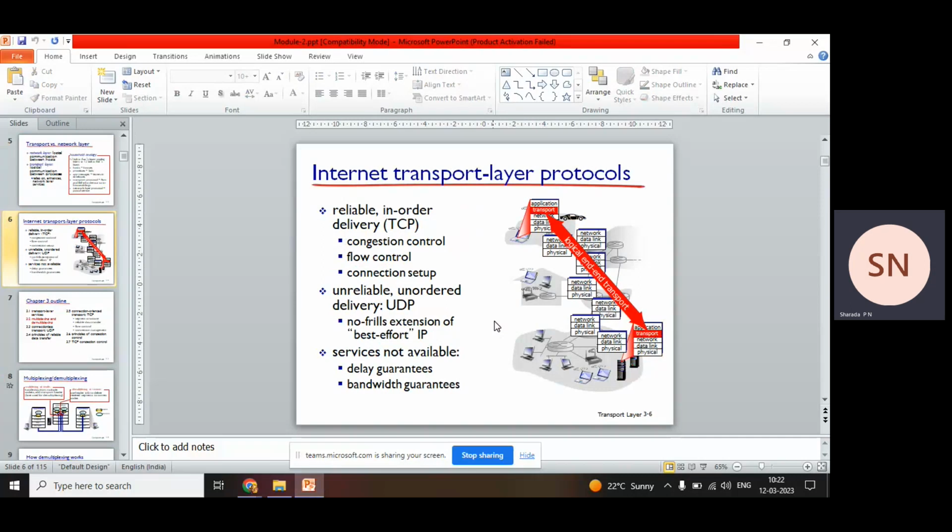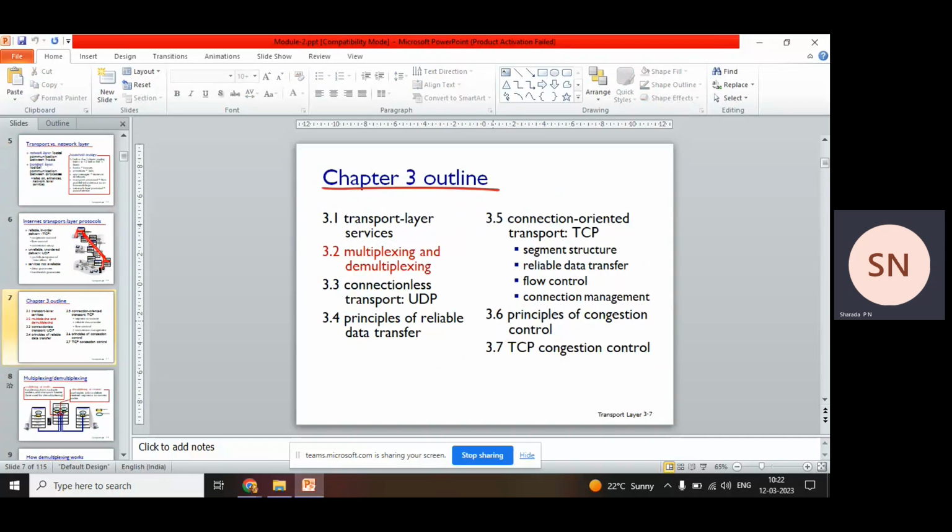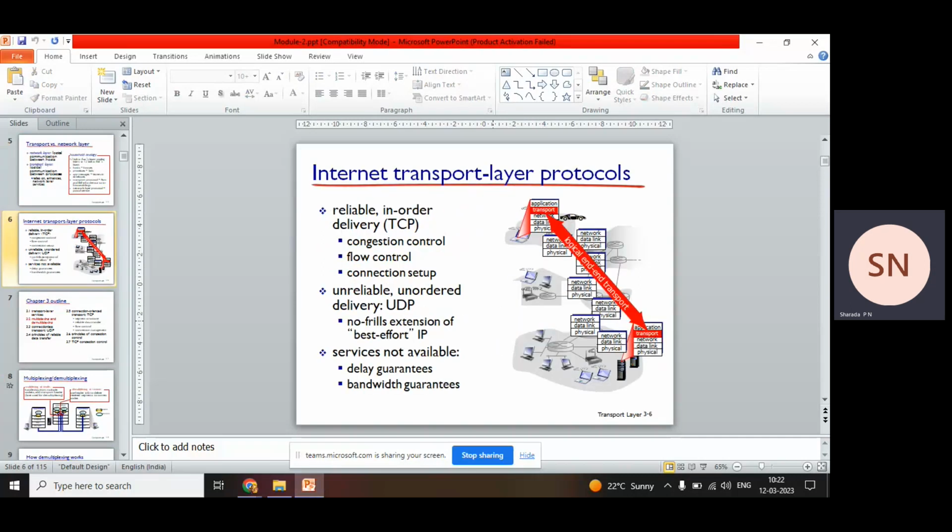So this is the way it is going to work. Next, we will see the relationship between the transport layer and the network layer. The transport layer provides process-to-process delivery service, whereas the network layer provides end-to-end delivery service of the data.